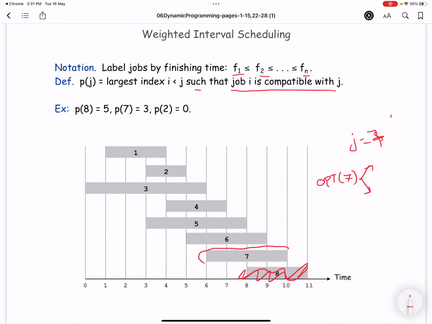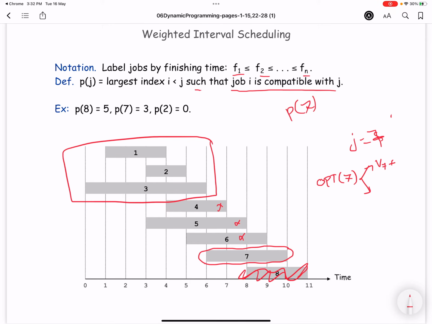Imagine you want to select it. If you select it, then you add the value of this job. You look at the weight and you add it. And you will delete all the conflicting jobs. You will only consider these 3 jobs. But these 3 jobs are B7. You remember? B7 is 3.